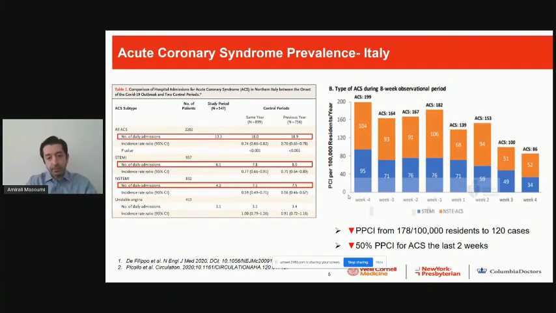On the left is from Lombardy that showed ACS cases reduced. Similar data from Milan.